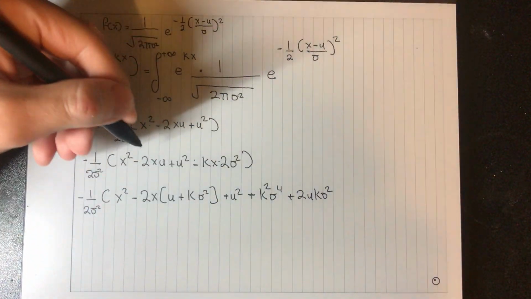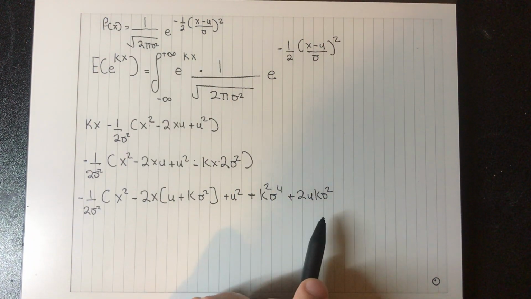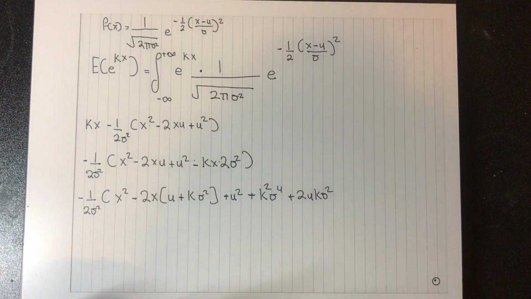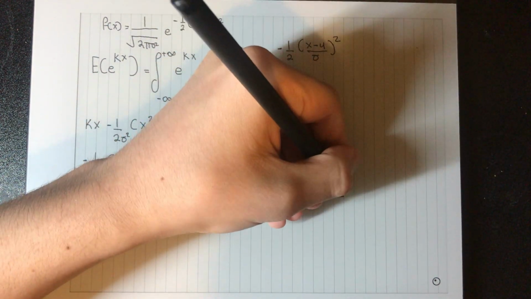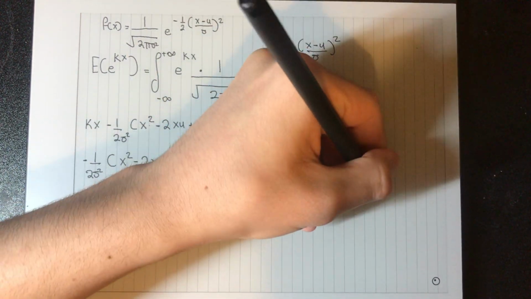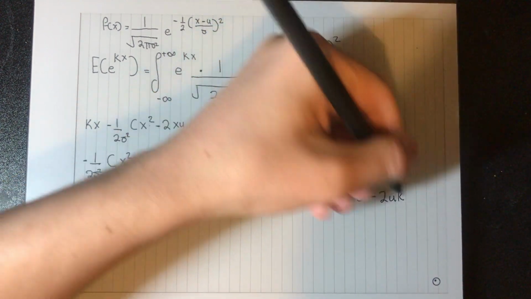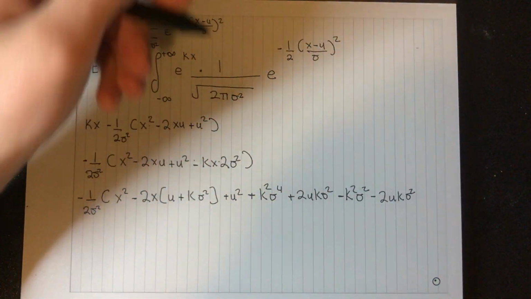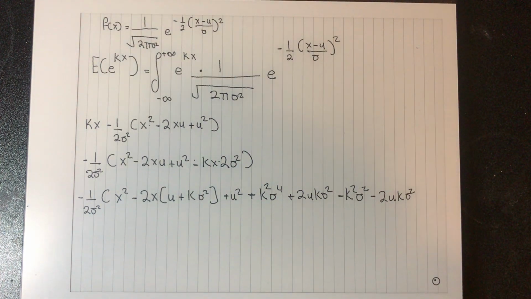So now that we've done that, we need to subtract what we've added so that the formula still holds. So what we're going to do is have a negative k squared sigma squared minus 2 mu k sigma squared, because since I added those to the equation, I have to subtract them so that the equation is still valid.